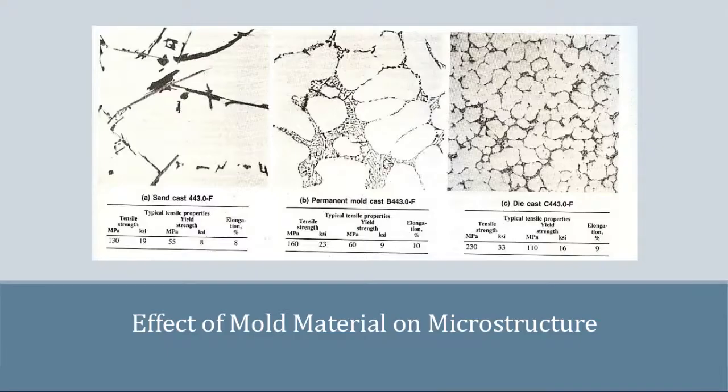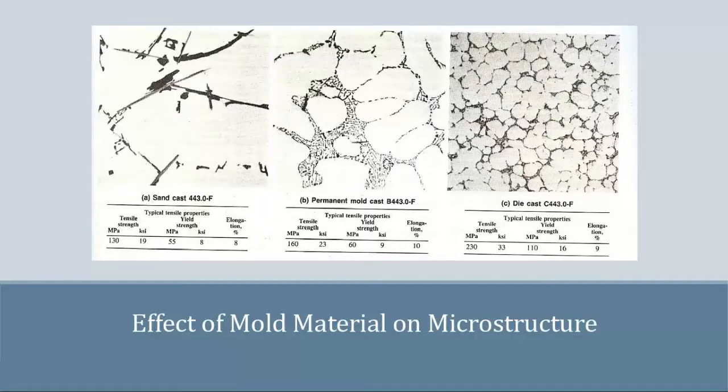So taking a look at how the effect of mold material plays a role on the microstructure. Of the three images, these are all 400 series aluminum castings, so a 443. In A, it's a sand cast, B is a permanent mold cast, and then C is a die cast.